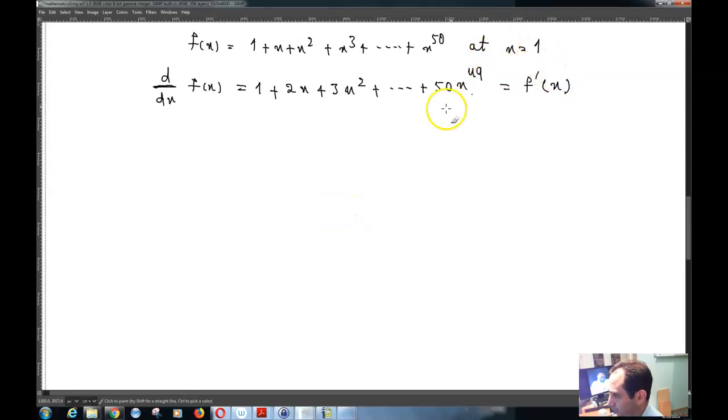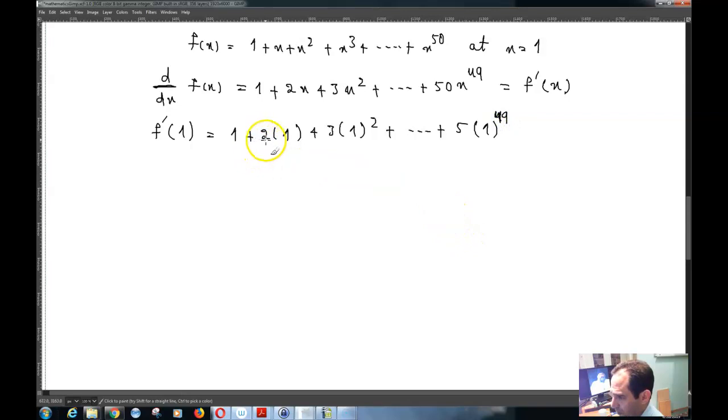Now f prime of 1 is equal to 1 plus 2 times 1 plus 3 times 1 squared plus all the way up to 50 times 1 raised to the power 49. So these are 50 terms, and the value of this is 1, the value of this is 2, the value of this is 3, the value of the next one is 4, and so on and so forth.